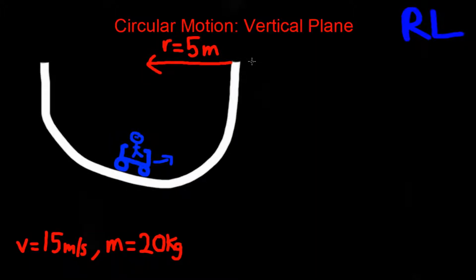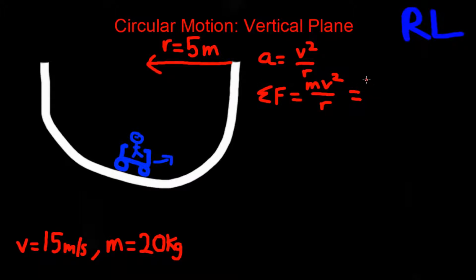So, from the preliminary work we did, we know that if this cart is going to maintain circular motion around the circle, its acceleration must be given by v squared over r. And therefore, its net force must be given by mass times acceleration, in this case, m times v squared divided by r. For the problem we have here, mass is 20 kilograms, velocity is 15 meters per second, and our radius is 5 meters.